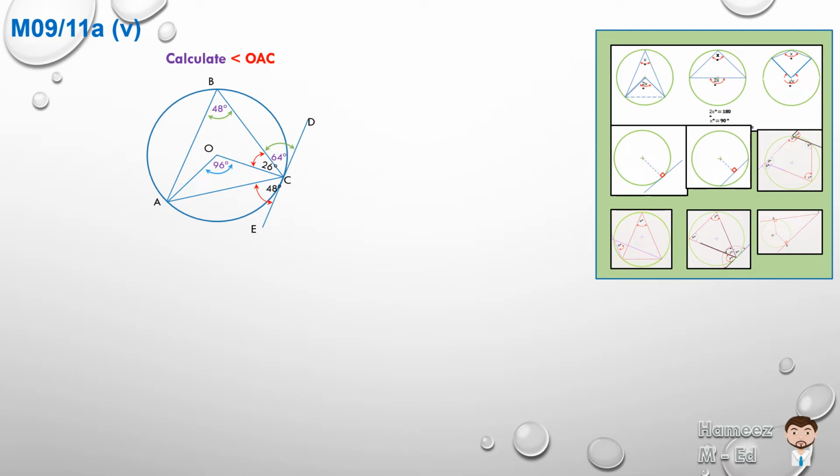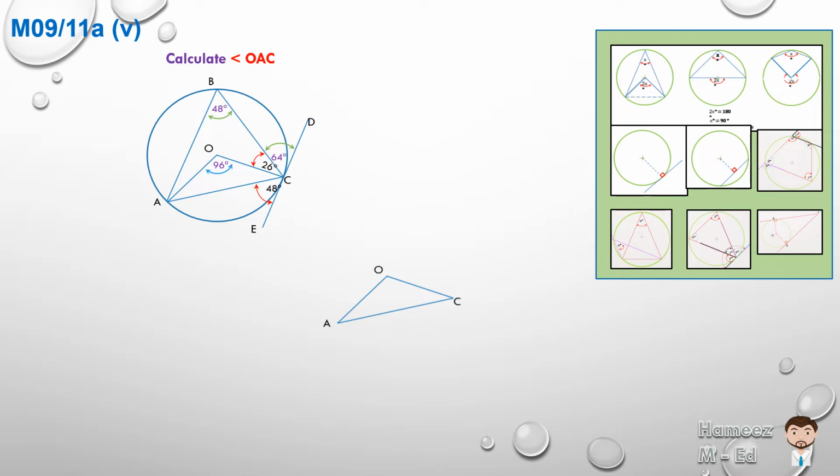We can recognize that OA, one side of that triangle, is the radius of the circle, and OC is also the radius of the circle. As such, let's extract the triangle and recognize that if two sides are the same, then this is called an isosceles triangle. And two angles are also the same.